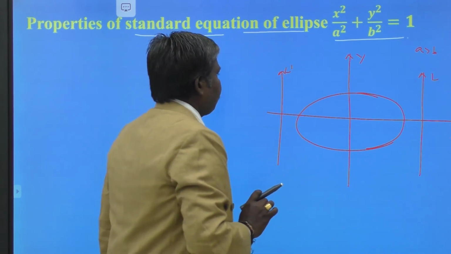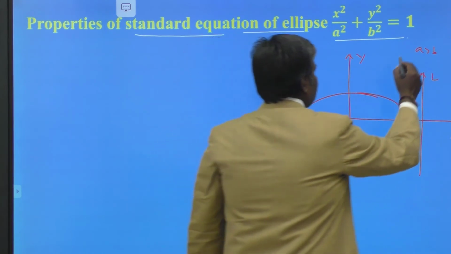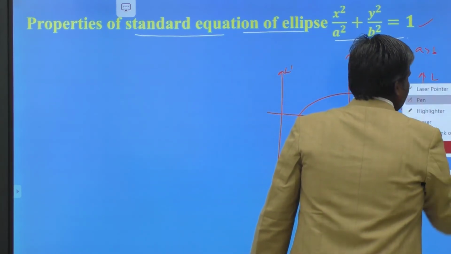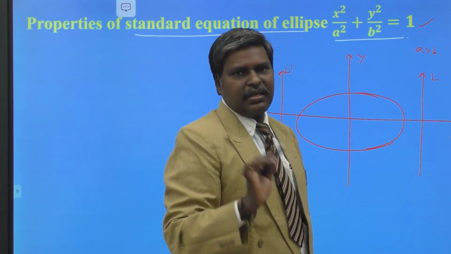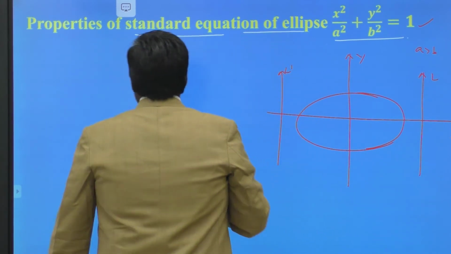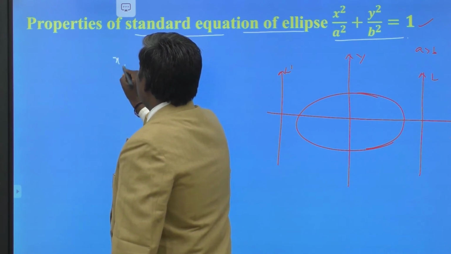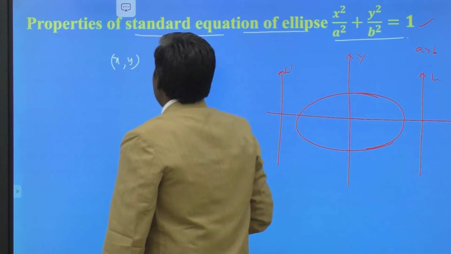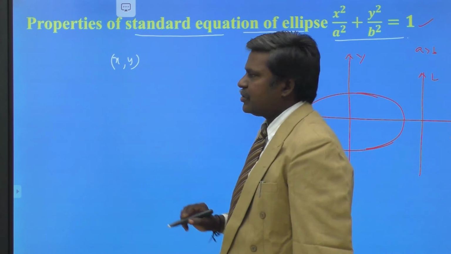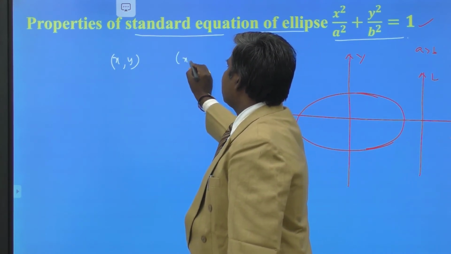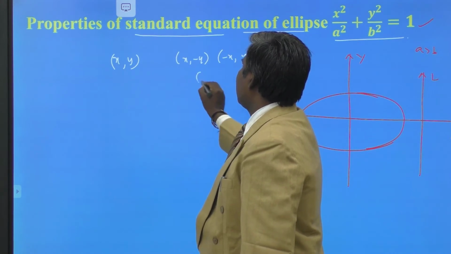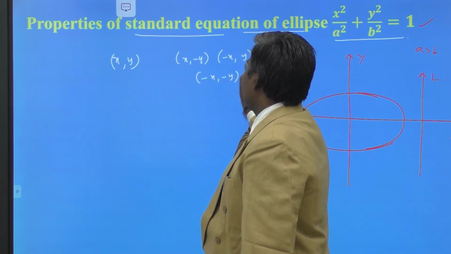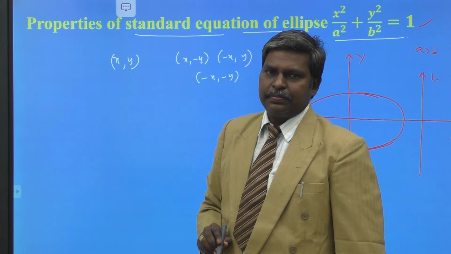See here, the curve is symmetric. The first property is that the curve is symmetric about both x and y axis. Because we already discussed, if x comma y lies on the ellipse, immediately x comma minus y, minus x comma y, and minus x comma minus y lie on the ellipse.